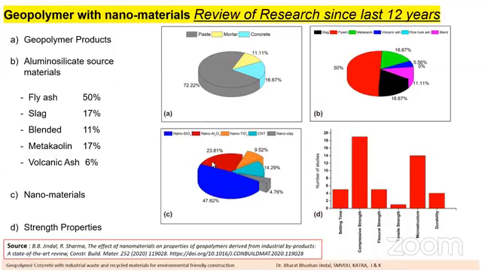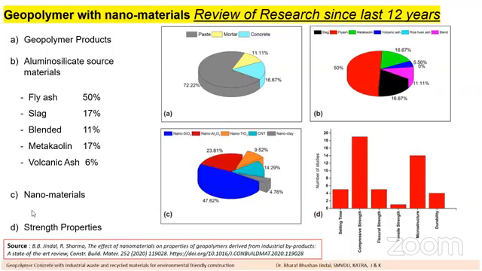Nearly 23% used nano alumina, approximately 9% nano titanium dioxide, nearly 14% CNT, carbon nanotube, and a meager amount of study was on nanoclay.